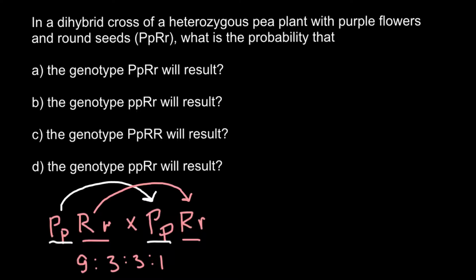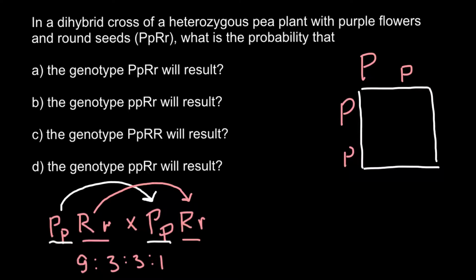So let me build a Punnett square. So capital P and small p here, capital P and small p here. So if we cross two parents that are heterozygous, we are going to get the following ratios in the progeny.